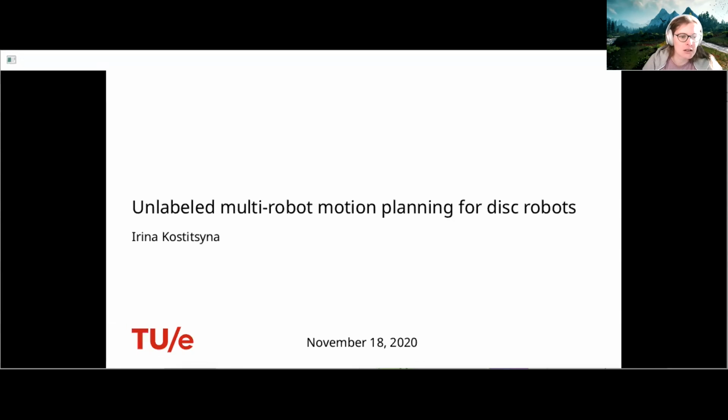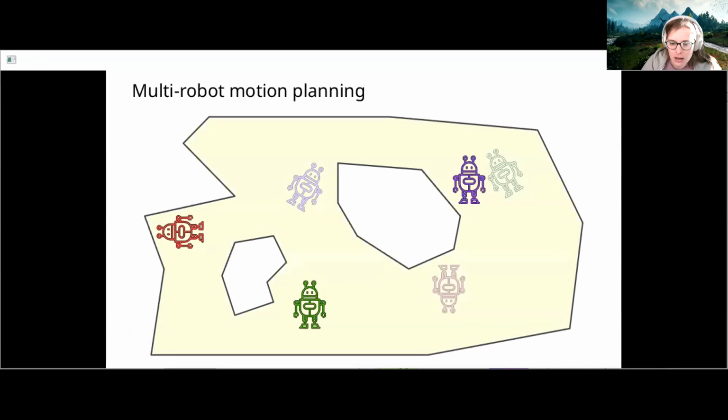Well, what is unlabeled multi-robot motion planning? I'll introduce slowly the concept. First, let's talk about multi-robot motion planning. Let's say we have a bunch of robots in some polygonal domain, and we want to find a schedule or path to move each robot from their starting position to the target position. Here, the brighter color shows the starting position, and the transparent color is the target position where the robots need to move.